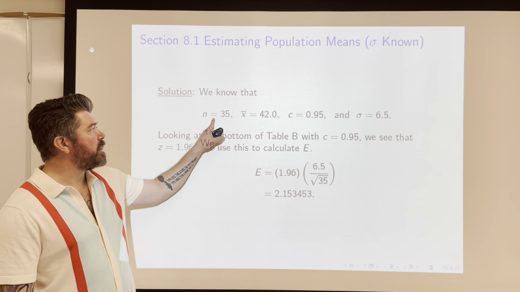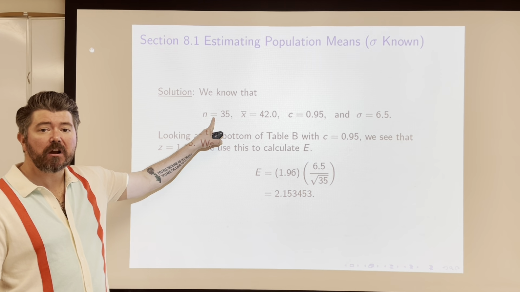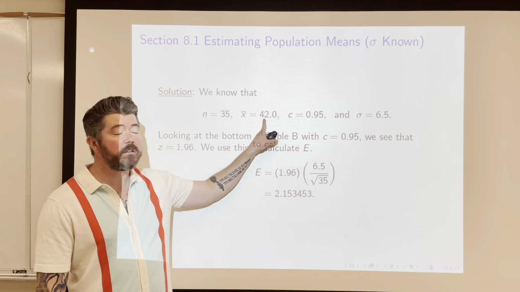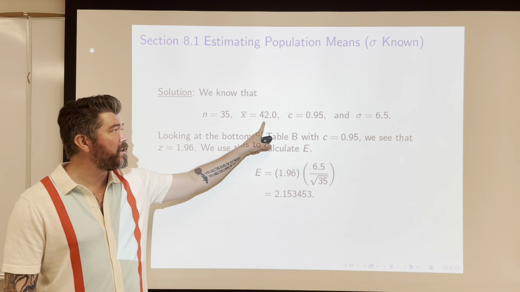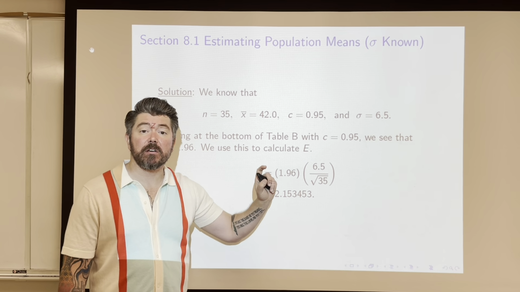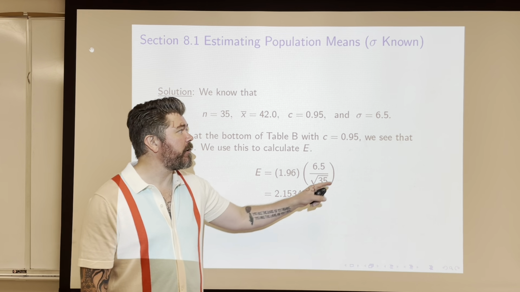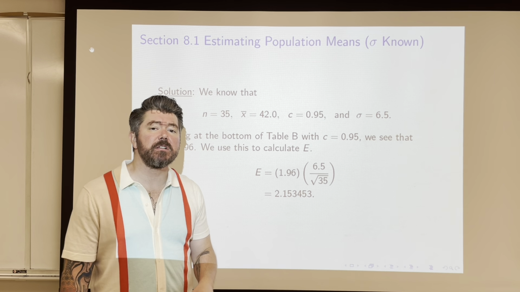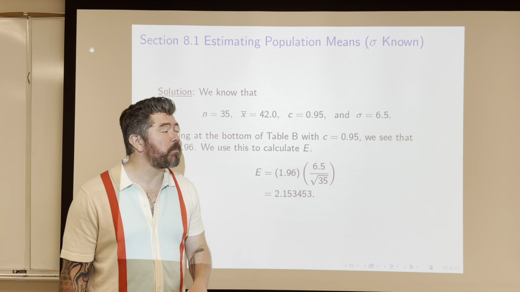Okay, so again, n is 35, this is our sample size. X bar, this is our sample mean, was 42.0. C, which is our confidence, was 0.95, and sigma, our population standard deviation, is 6.5.